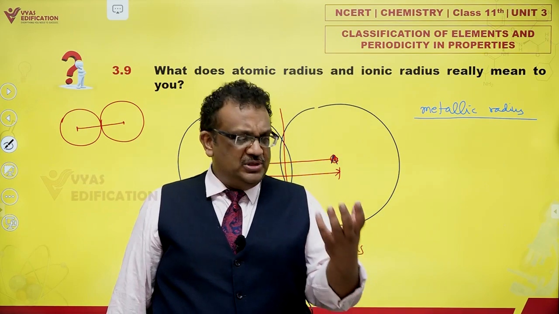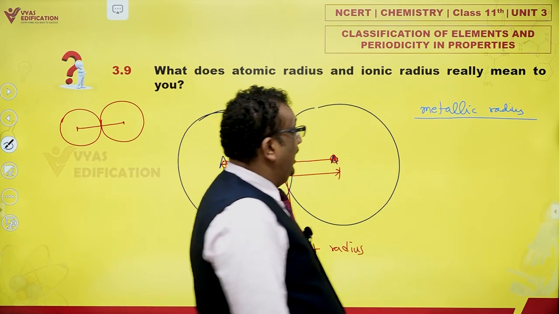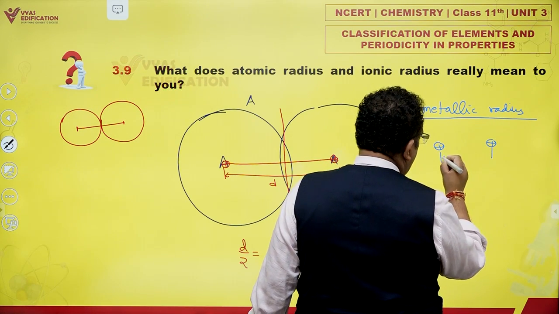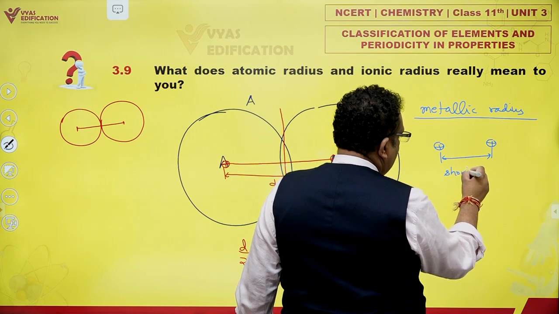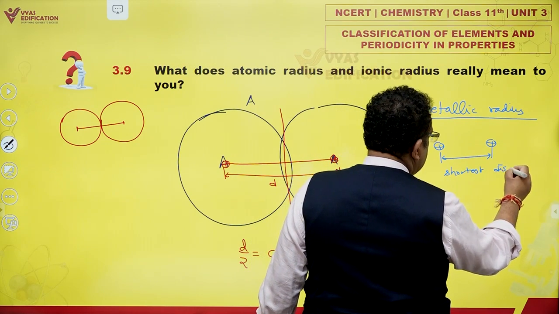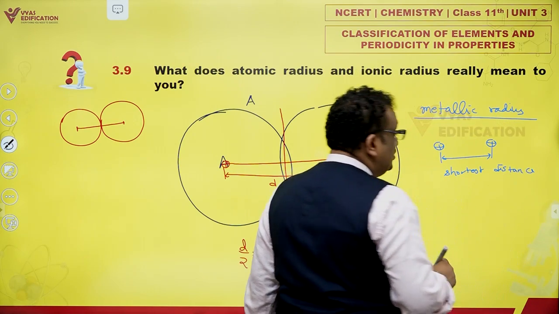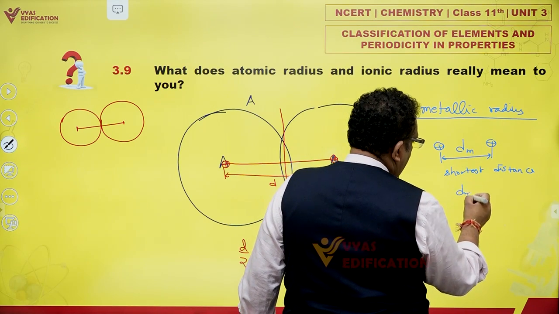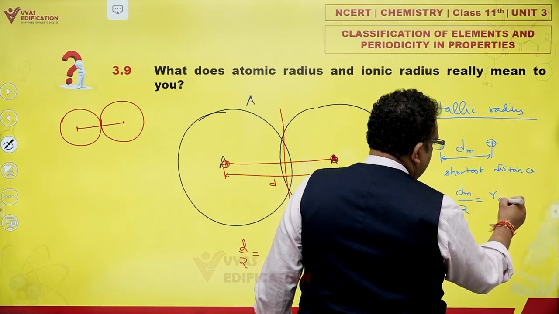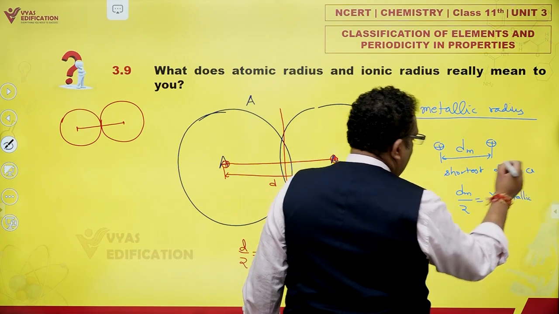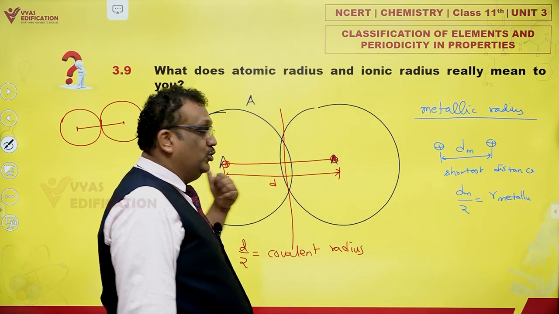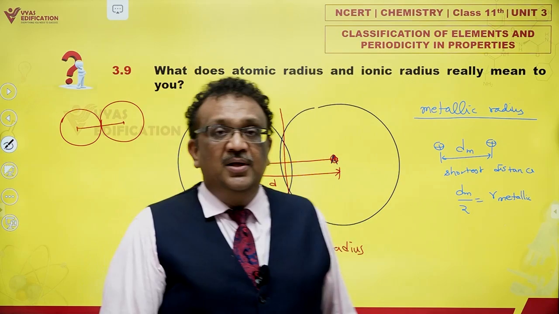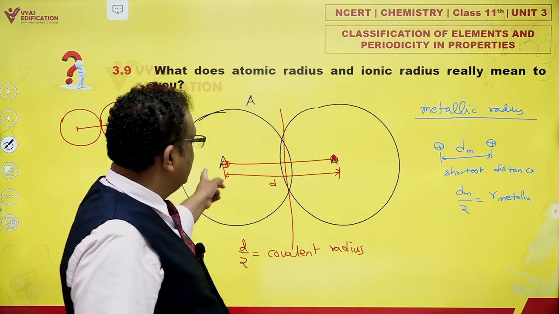For metals, you take the metal in the solid state and determine the shortest distance between 2 nuclei in the solid state. And this distance dm by 2, you say, is the metallic radius. If you halve the distance between two nuclei in a covalently bonded molecule, then you say this is the covalent radius. Of course, both these atoms have to be the same.